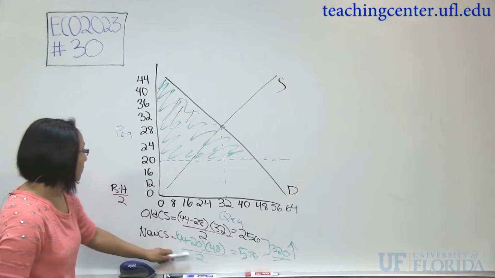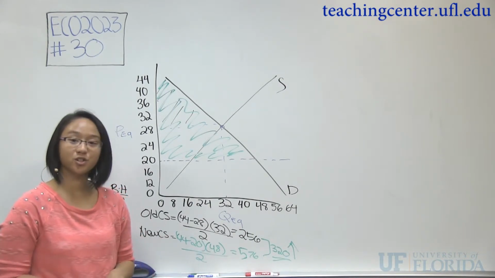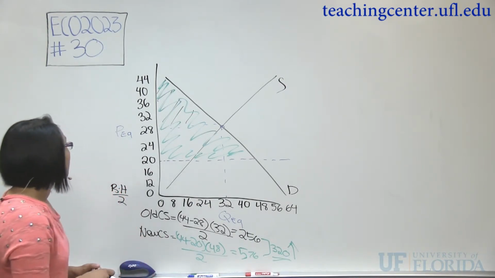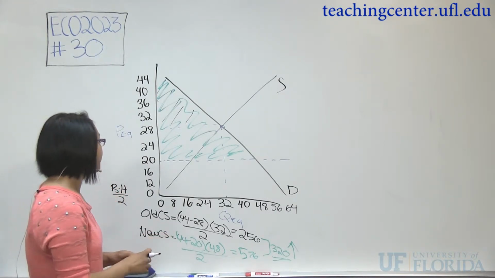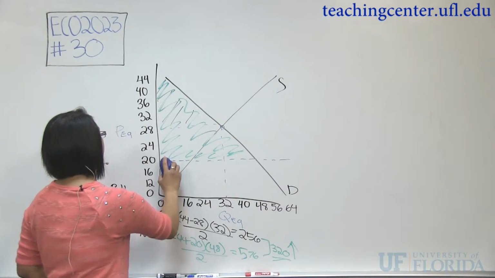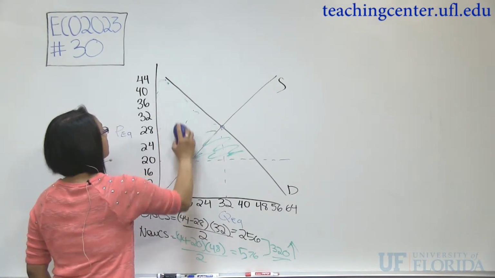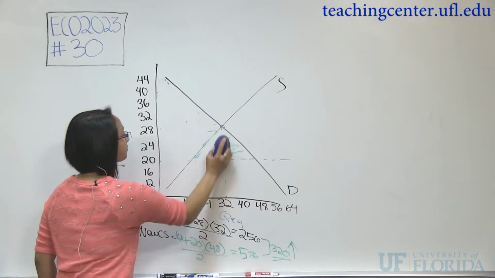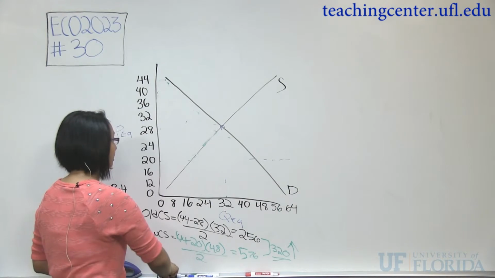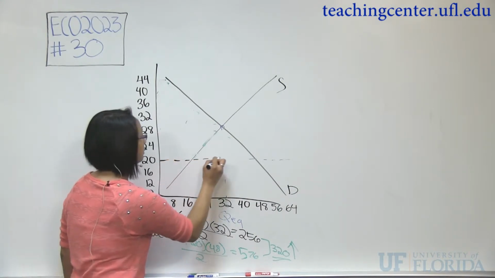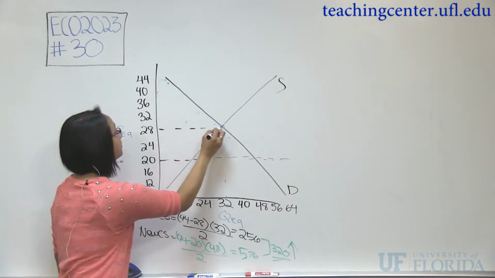Now what if this question, instead of asking about consumer surplus, asked how does producer surplus change? So producer surplus is pretty similar, except it's in a different area. So let's take this out and find what producer surplus would be. So again, our world price is still 20, and our original price was the EQ price right here.